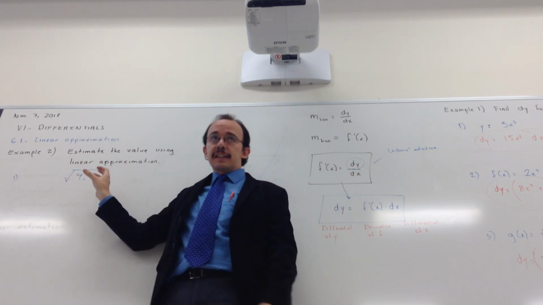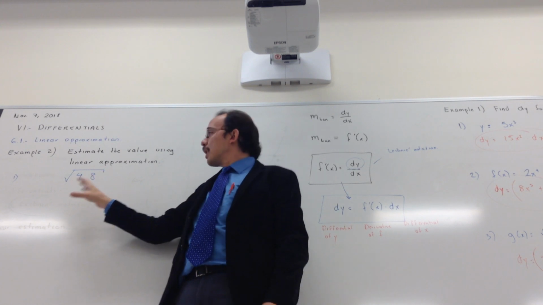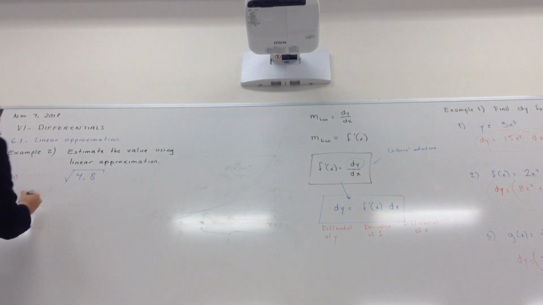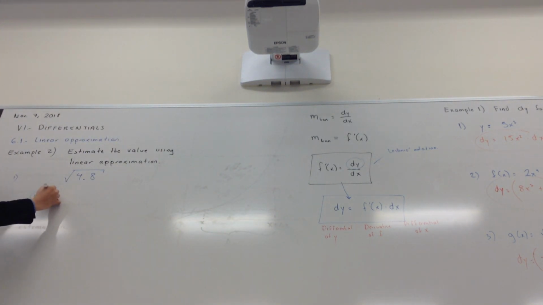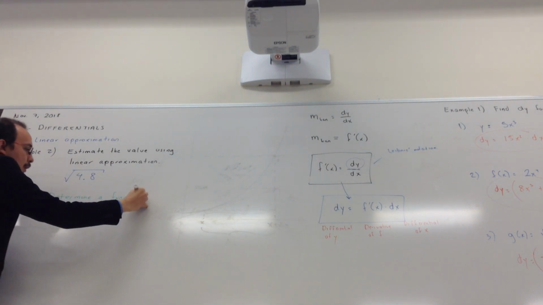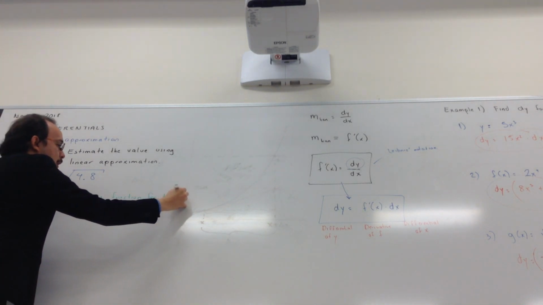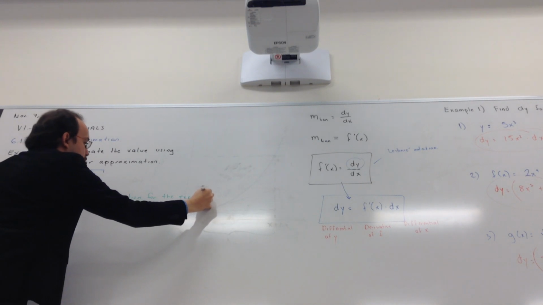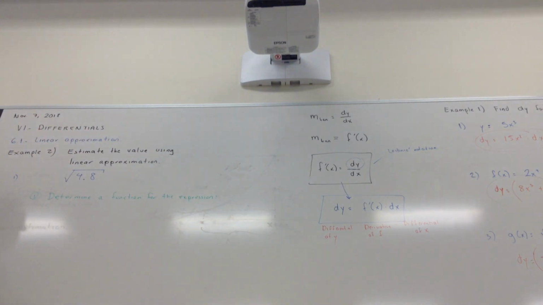Okay? First step for this: we're going to graph it in. But first determine or define a function for the expression. If the expression is the square root of 4.8, what could be a function for that expression?